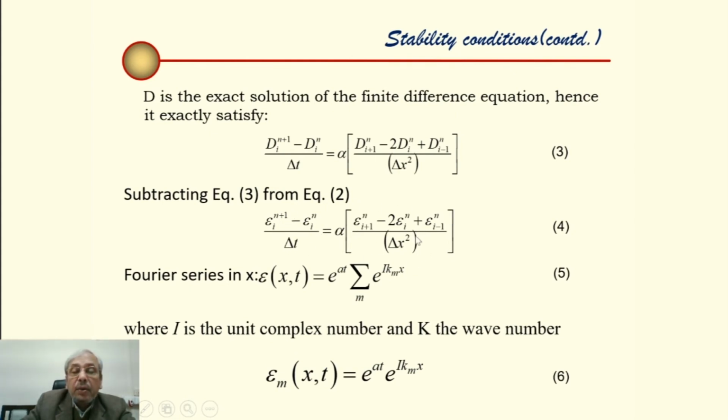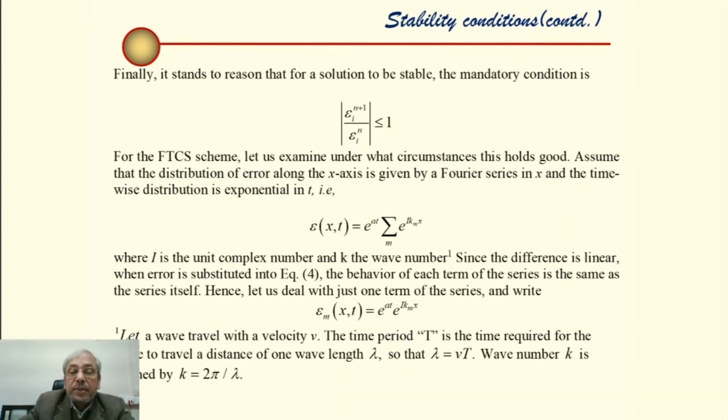Exactly, we express the values at i, i plus 1, and i minus 1 at level n through epsilon.